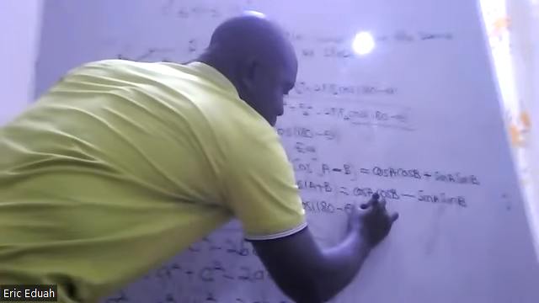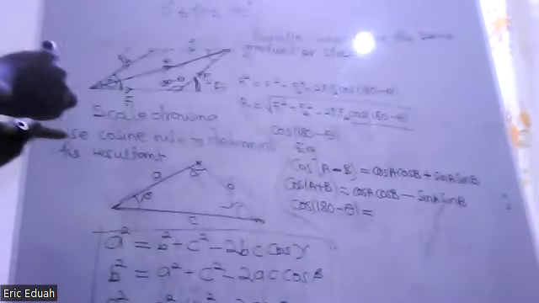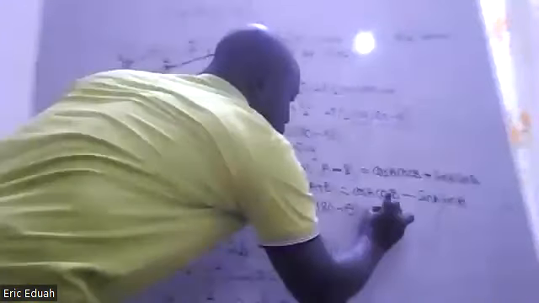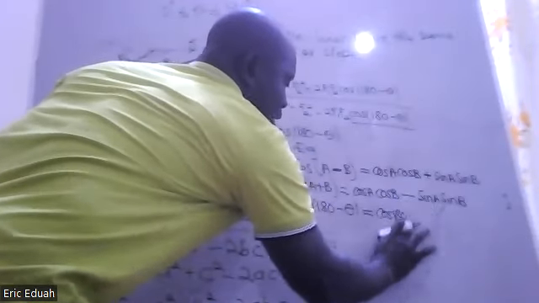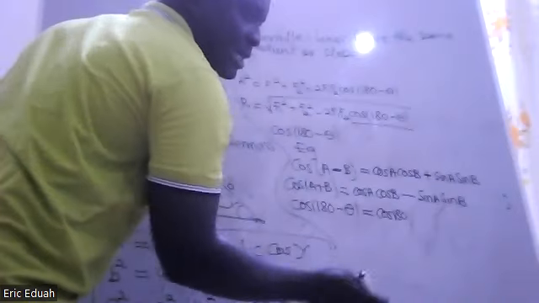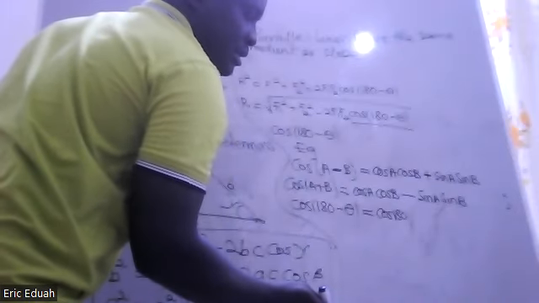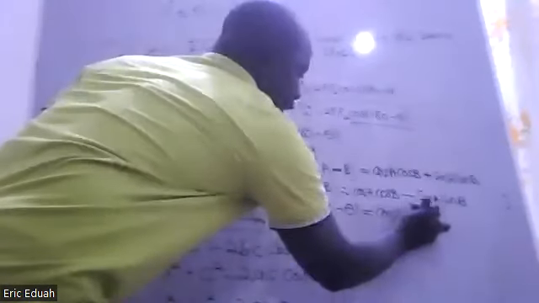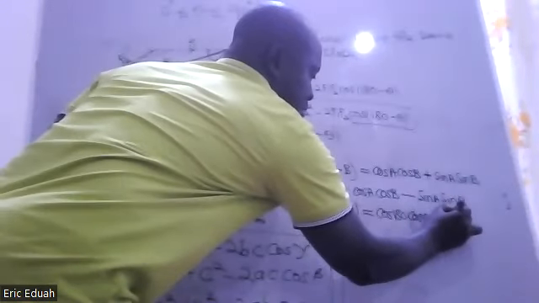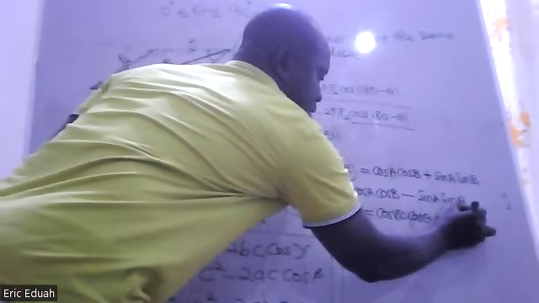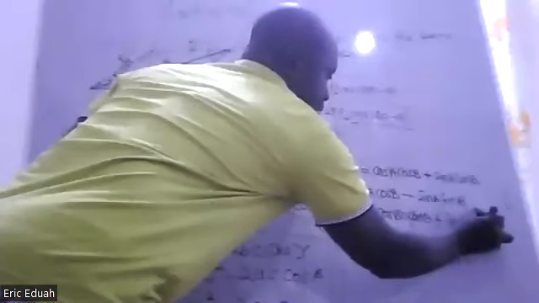Benita, help me expand this. So it will be cos 180 times cos theta plus sine 180 times sine theta.